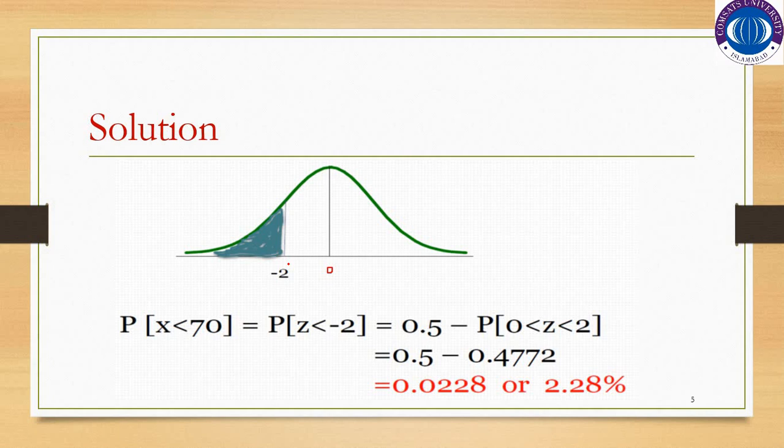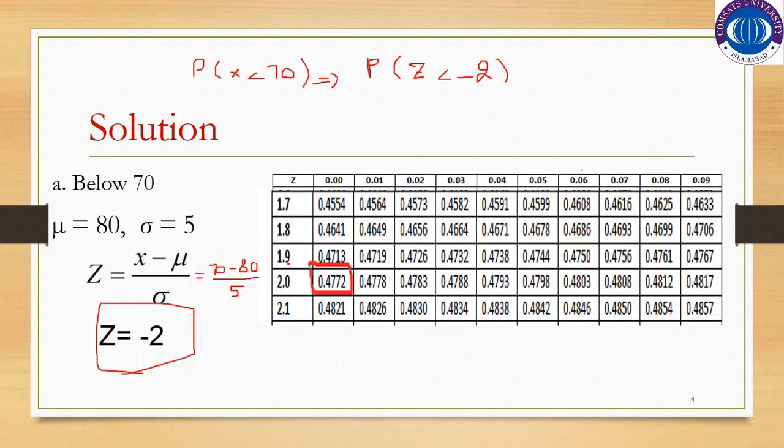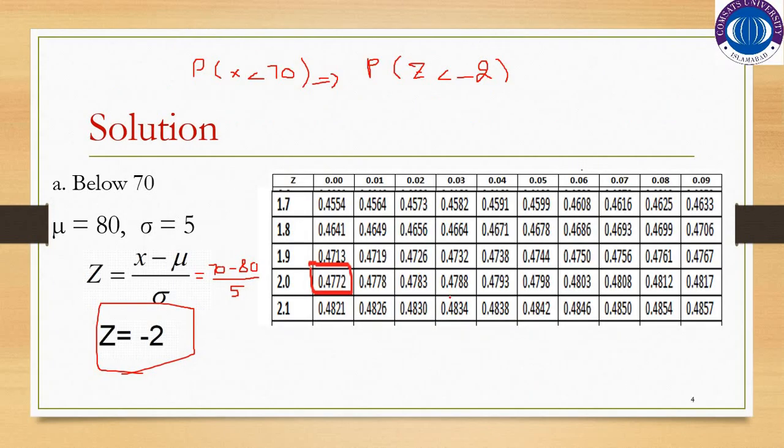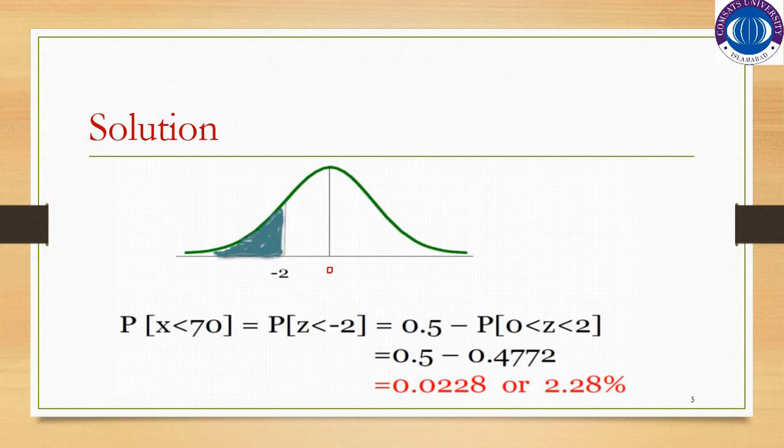But the problem is that your table is giving the values from mean to some specific value. This is the half of the part of the table. The rest of the table is shown in the previous slide. You can see from there. So this is the table, and you have to find the probability z less than minus 2, which is this area.